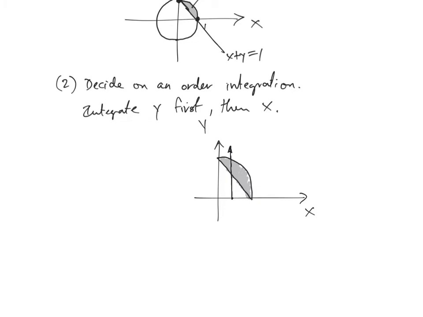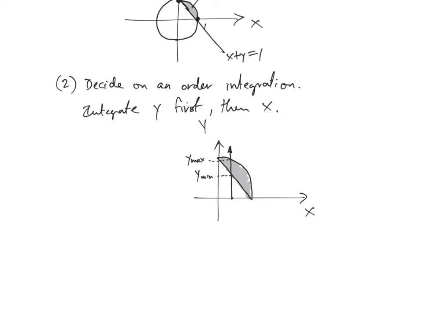And I ask myself, where does that arrow enter the region of integration, and where does it leave? Okay, it's going to enter at y min, and it's going to leave at y max. I'm integrating in the y direction, okay? X is held fixed. Okay, now at some point I'm going to integrate in the x direction too.